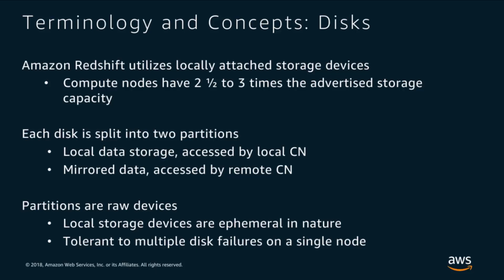The reason we do that is we mirror data within the Redshift cluster. So each compute node mirrors its data to another compute node. Then there's also an operating system, and we have space reserved for spilling to disk and things like that as well. So essentially the size of the nodes that we advertise is the amount of space you get to store your data.